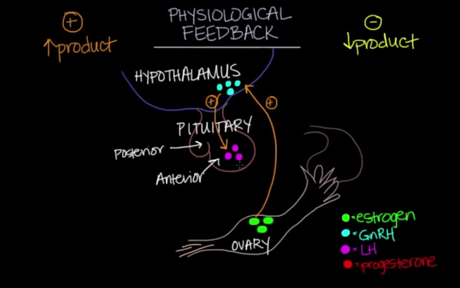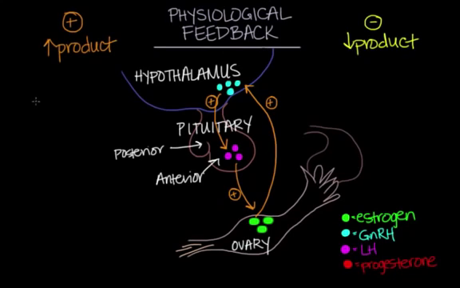Now LH can also go ahead and stimulate the release of even more estrogen. Again, positive feedback. So here we have a cycle. Estrogen causes the release of GnRH, which causes the release of LH, which causes the release of even more estrogen. And the cycle continues. So you can see that chain effect we were talking about.